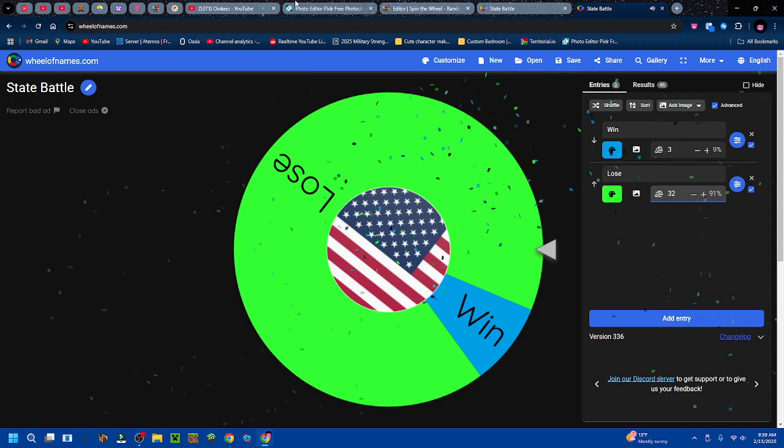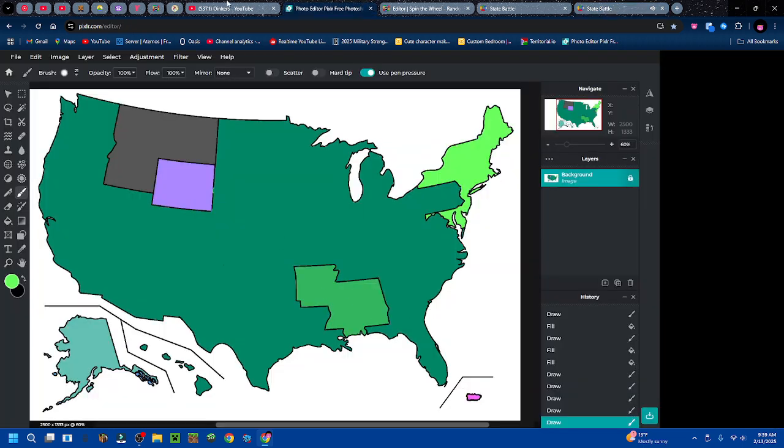And Arkansas is the next victim of Texas's reign across the entire U.S. map. At least they tried. I will say that.